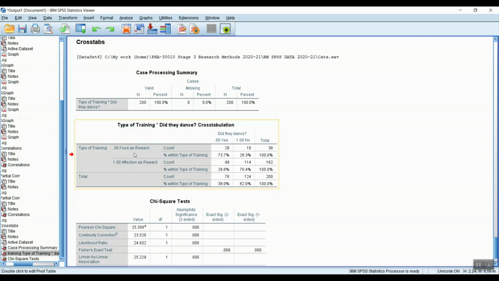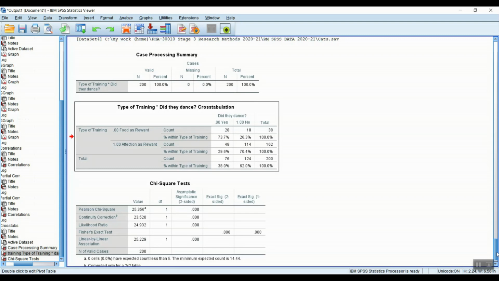And we can see that where they got food as a reward, 73.7% of the cats did dance, 26% didn't. However, if they received affection as a reward, only 29% danced and 70% didn't. So there is a big difference between the two groups.